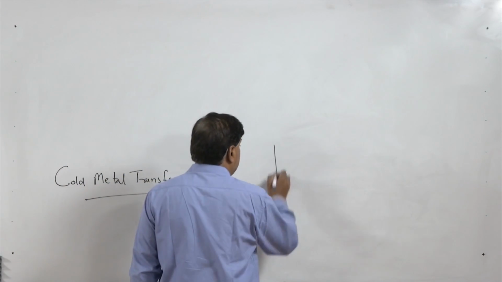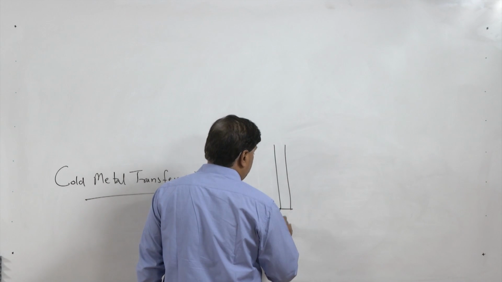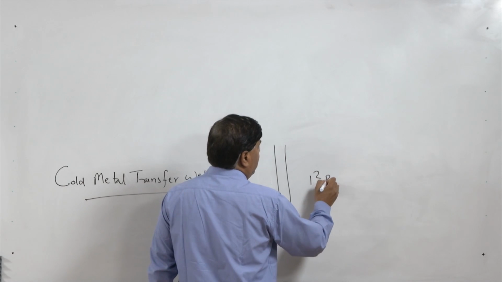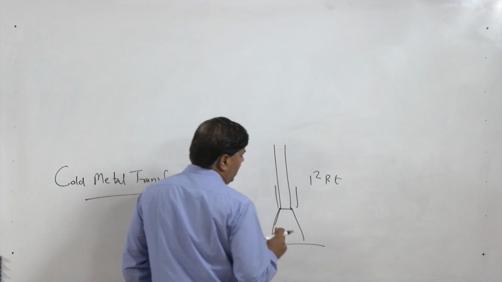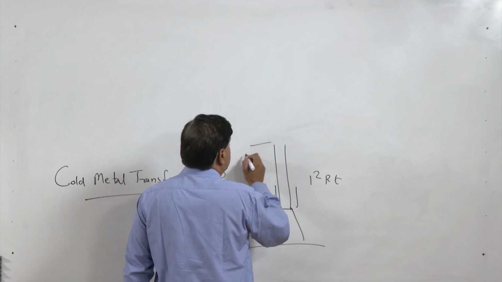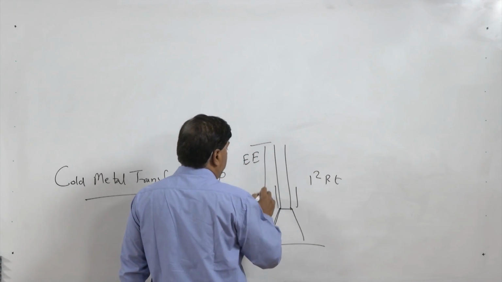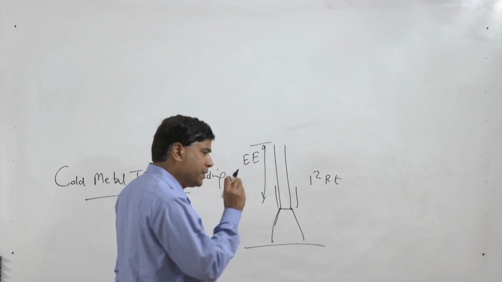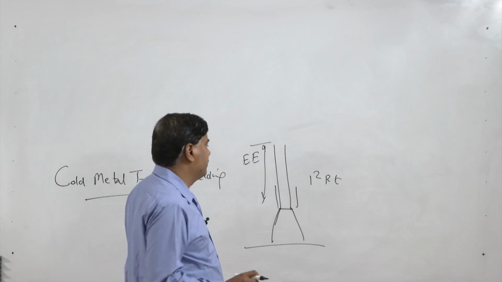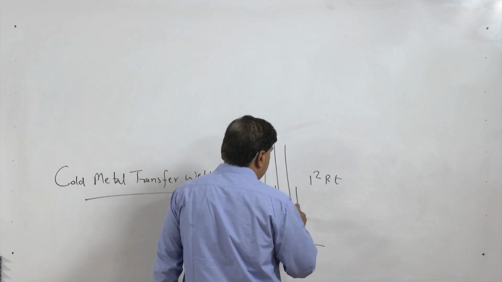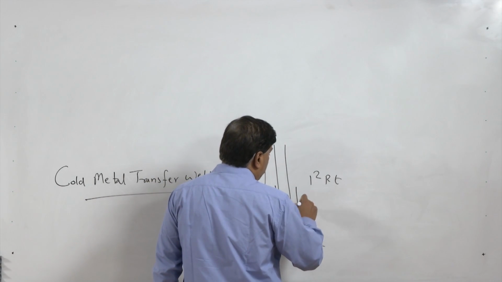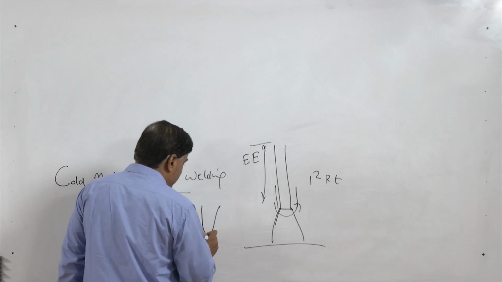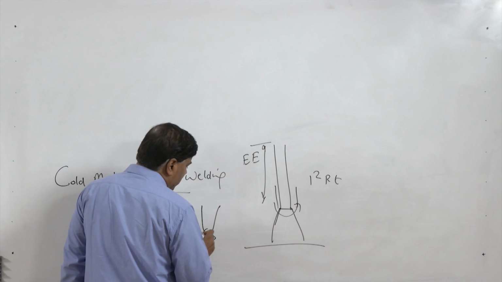Another is the rotational transfer. In the case of rotational transfer, current is too high, so high current causes I square R T heating, and especially when the electrode extension is large, the electrode is softened, especially near the tip of the electrode. So the tip starts moving or rotating under the electromagnetic forces.